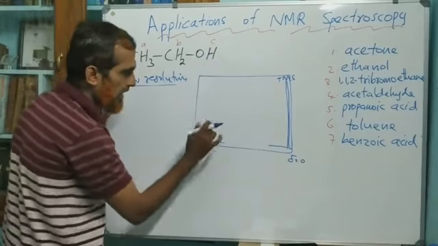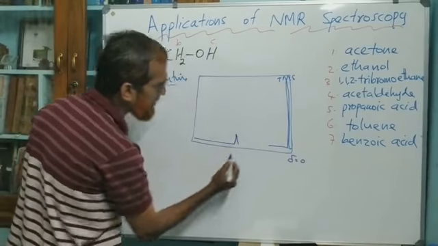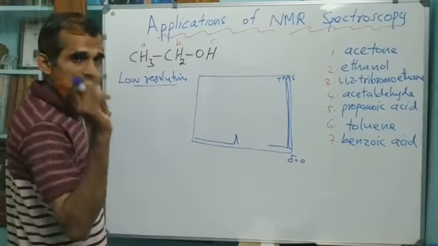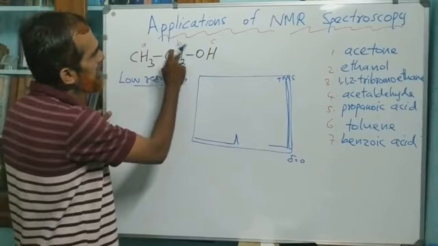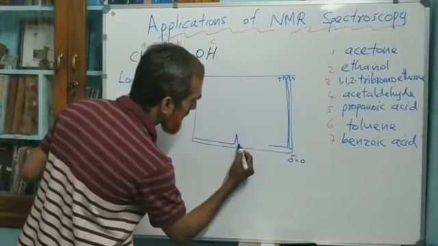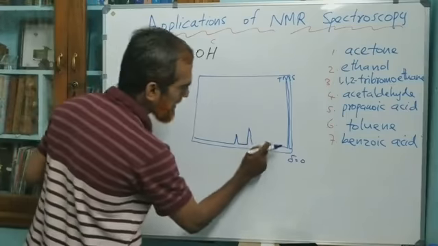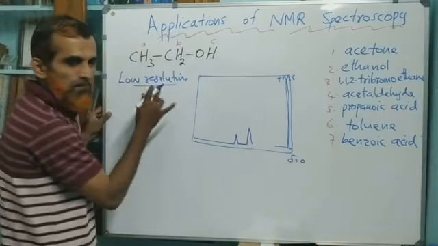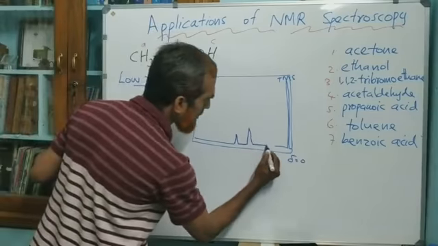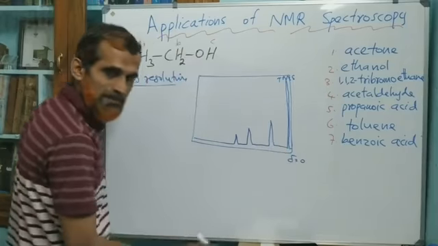OH, of course, comes around 4 to 5, and there's a very small peak because only one hydrogen is there. Then comes CH2, because it is connected to oxygen, around 3 to 4 somewhere, and it will be a little larger. And then comes the methyl proton, somewhere around 1 to 1.5, and that will be the tallest. You understand?